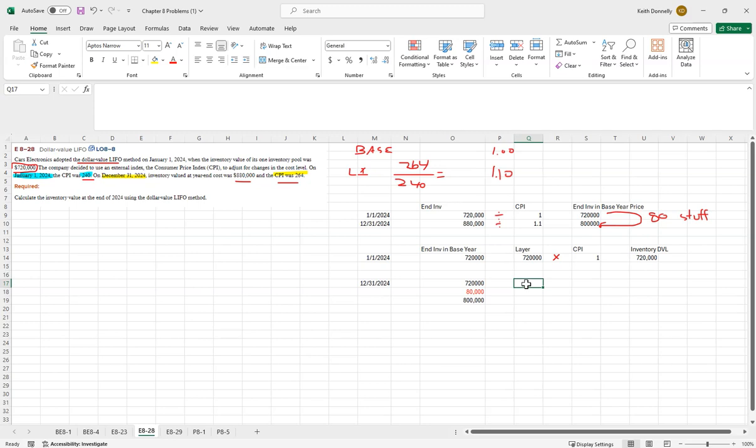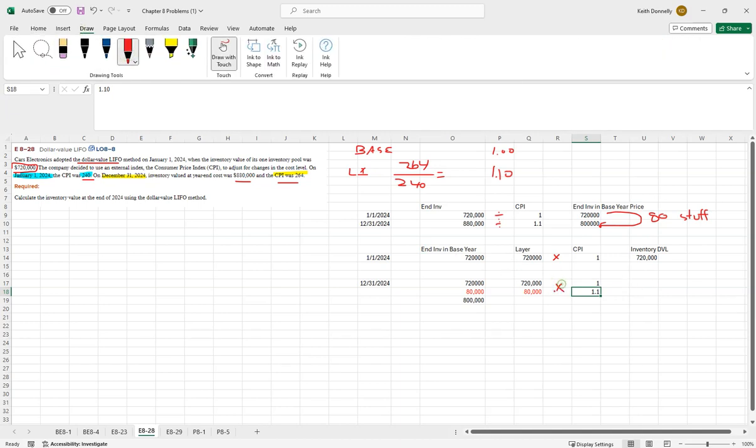We've got to continue with that breakout in the sense that 720,000 of it is from the base year. 80,000 is more stuff. You have to keep the base year at the base year CPI, and the layer for year 2, the more stuff, at 1.10.